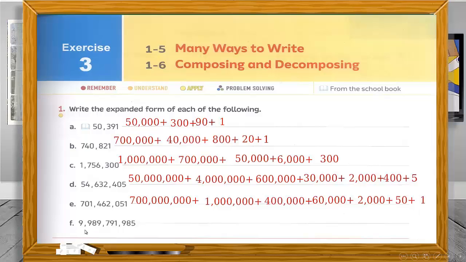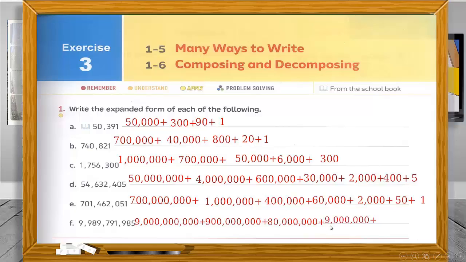We have 9 million. Write 9, and 3 periods of zeros means you should write 9 zeros. 9 in 100 million, so write 9 and 8 zeros. 8 in 10 millions place, so you should write 80 million. 9 in 1 million's place, so write 9 million.